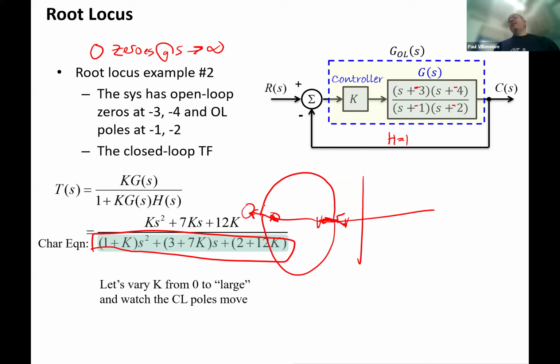So this is okay in terms of what we have to understand, but the problem is I need to know what that point is. Okay, I need to know where it leaves the real axis, and then I need to know where it enters back onto the real axis.